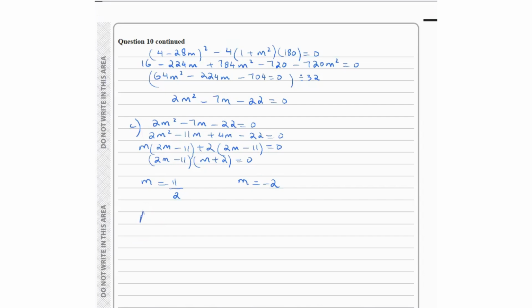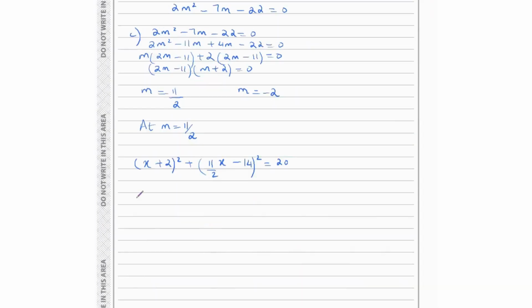So for that, we begin with finding the value of P at m equals 11 over 2 first. So replace that into the initial equation. So we had (x plus 2) whole squared plus (11 over 2 times x minus 14) whole squared equals 20.